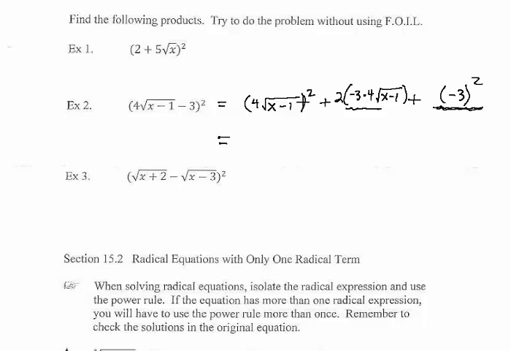Now to square this first term, to simplify it, we get a 16, and then we have an x minus 1. The middle term would be a 2 times a negative 12 times a square root of x minus 1. And then the last term would be a 9.